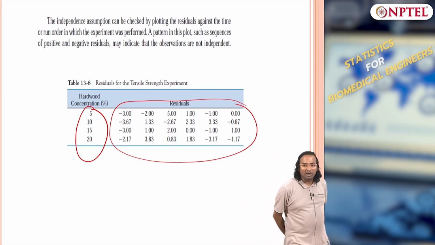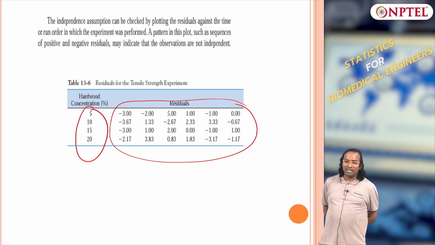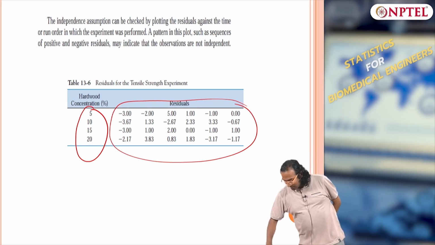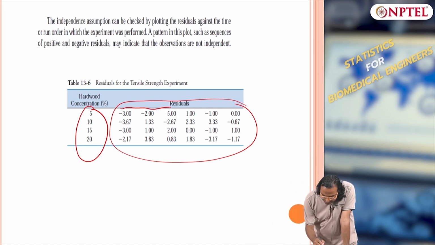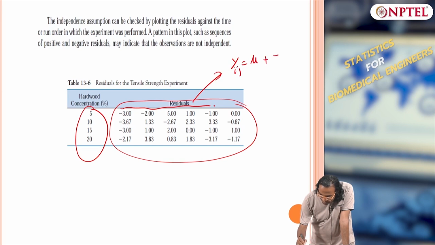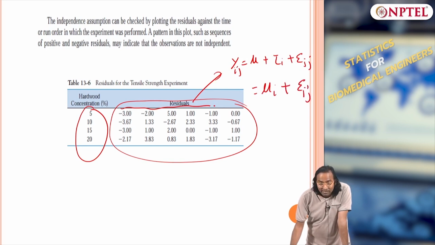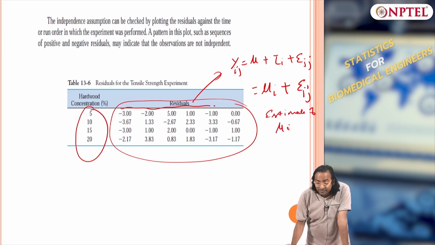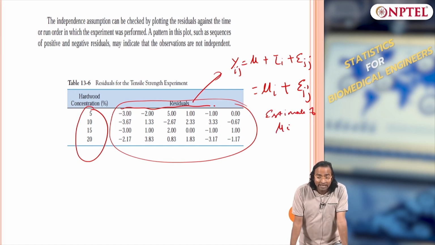What is the model we have? You have data, that is the real observation. But what is the model's output? Remember, we had yij equals mu plus tau i plus epsilon ij, or mu i plus epsilon ij. What is the estimate of mu i from the data?